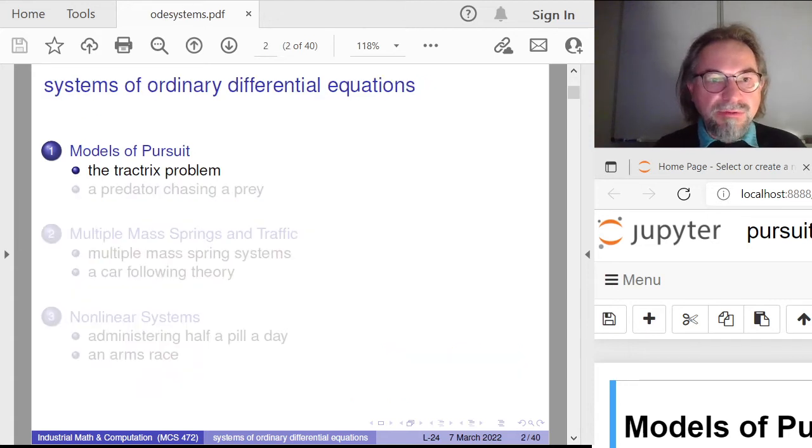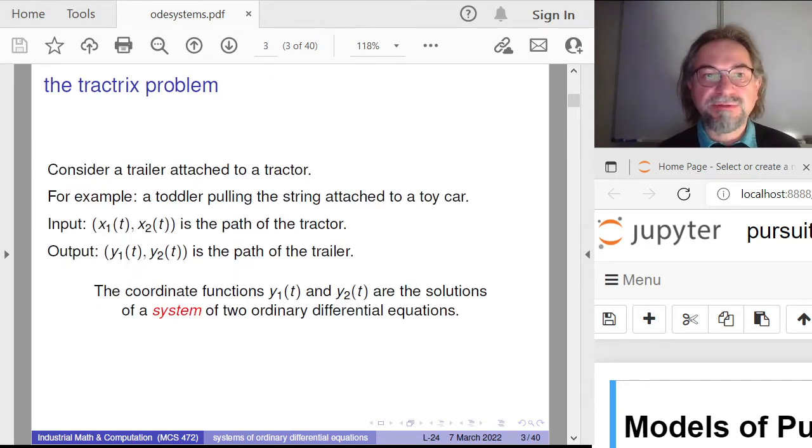Okay, so what is our first problem? It's a model of pursuit, and I will start with the tractrix problem, which is in some sense not a problem of pursuit. We have a tractor and a trailer, so the trailer is attached to the tractor.